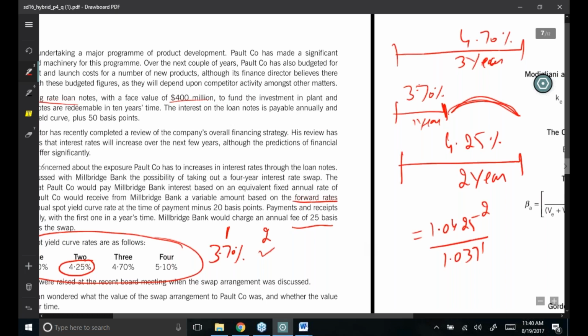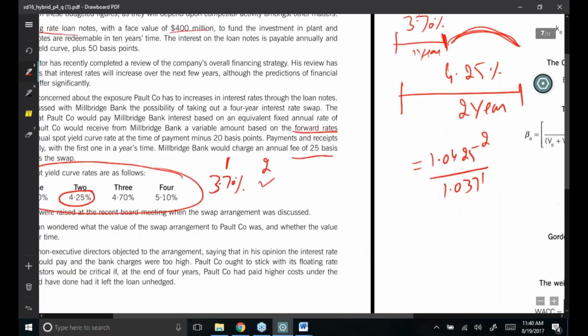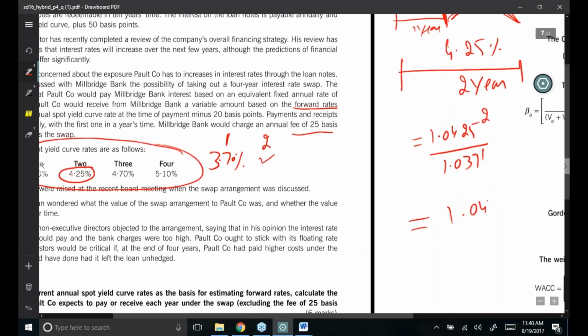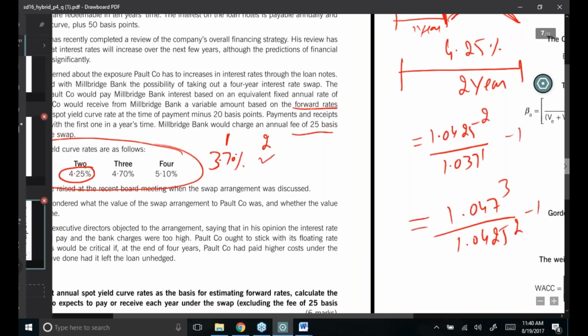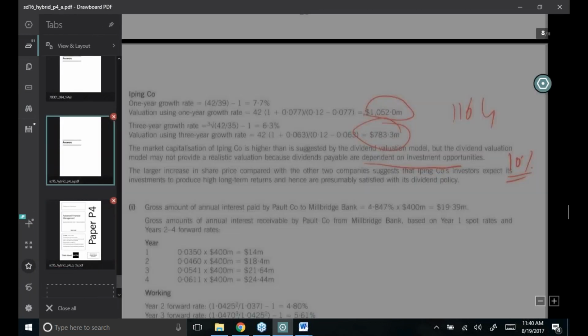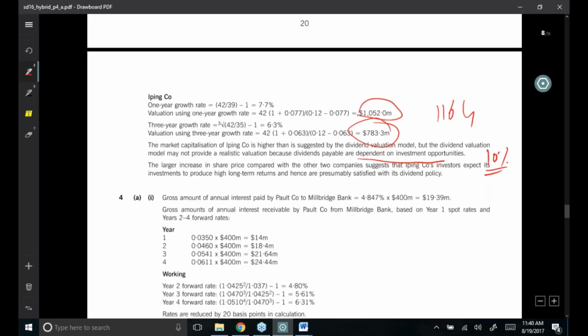And what if you want to invest after 2 years for 1 year? How are you going to calculate that? You're going to calculate 1.047 raised to power 3 over 1.0425 raised to power 2, minus 1. That's how you're going to calculate it. So how has the examiner solved it?